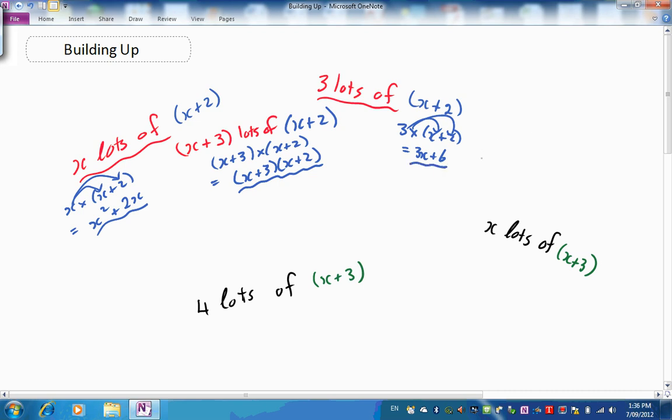So, all these things should be the same. This compressed or abbreviated form, it's actually called a factored form, should equal all these added up, shouldn't they? x lots of x plus 2 and 3 lots of x plus 2 should come to x squared plus 2x plus 3x plus 6.